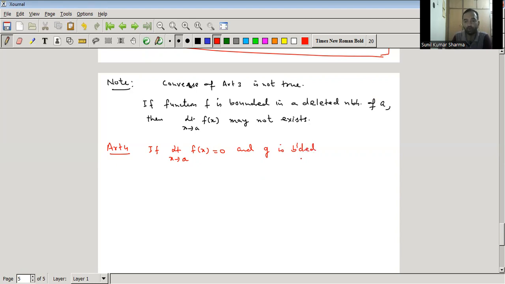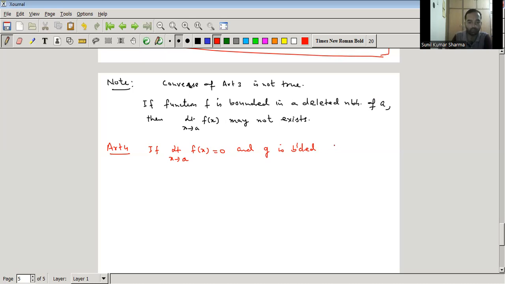Bounded means mod of g(x) is less than or equal to some positive real number N for every x in the domain. If we take the deleted neighborhood, then for every point in that deleted neighborhood, mod of g(x) is always less than or equal to some positive real number.